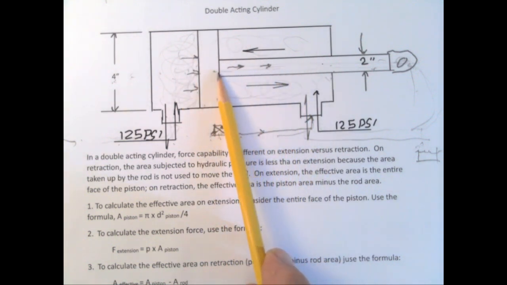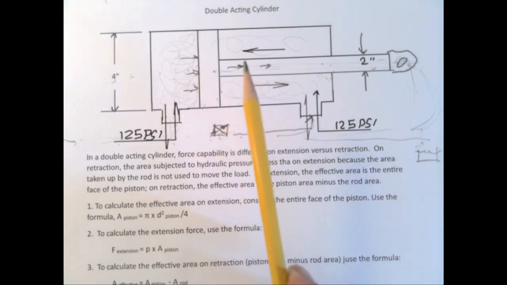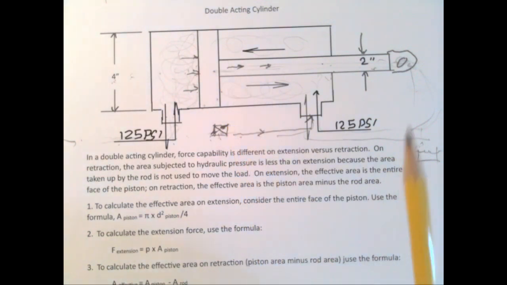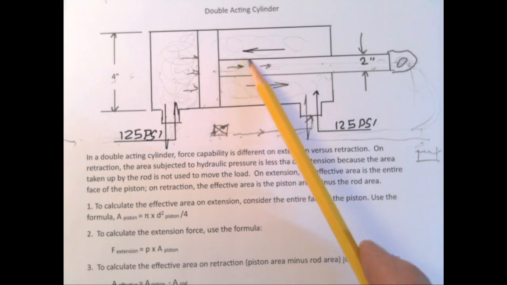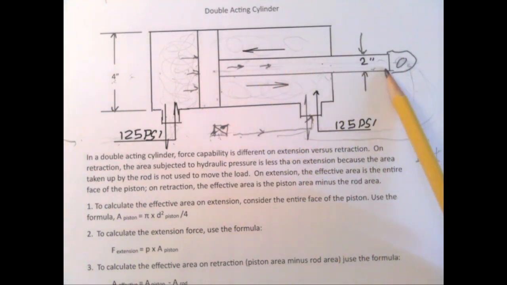and you're going to have to find the area of this effective surface, it's called. In other words, that's all the surface that's not taken up by the 2-inch rod end, which is a circle.